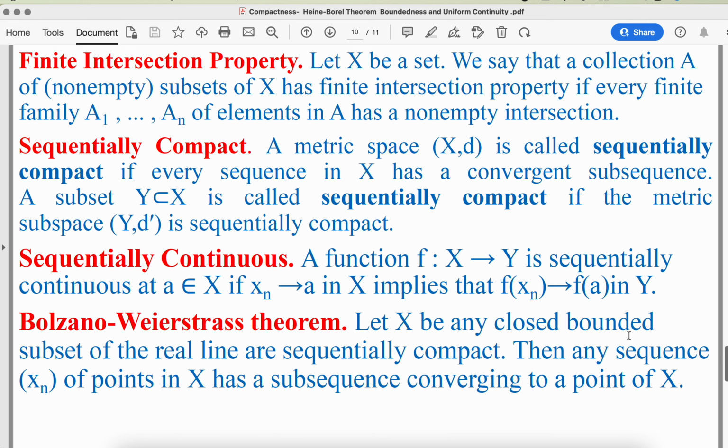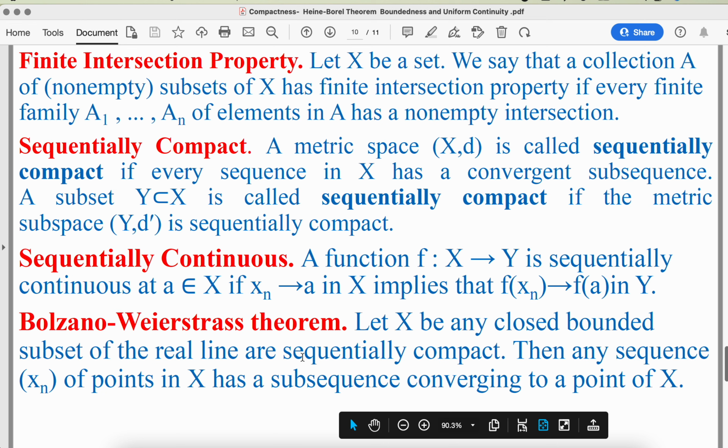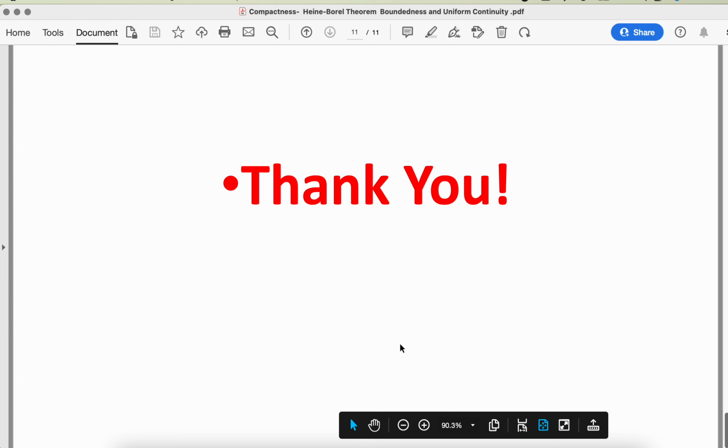Let X be a closed bounded subset of the real line. Then any sequence x_n of points in X has a subsequence that converges to a point of X. Thank you.